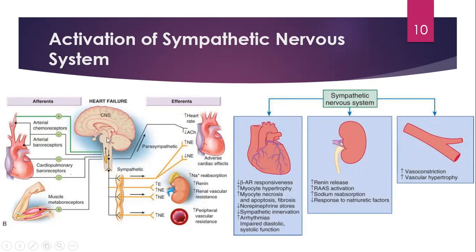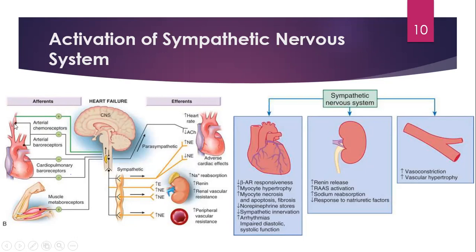So this slide is showing how the sympathetic nervous system is activated. The left panel shows the afferent impulses that are sent to the cardiovascular center. These impulses come from receptors in the cardiovascular system.